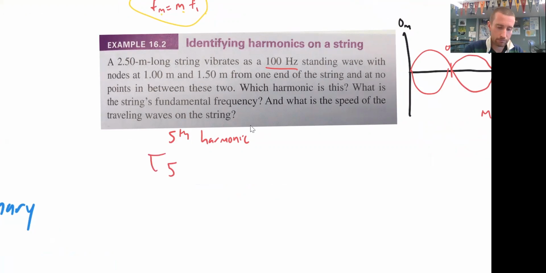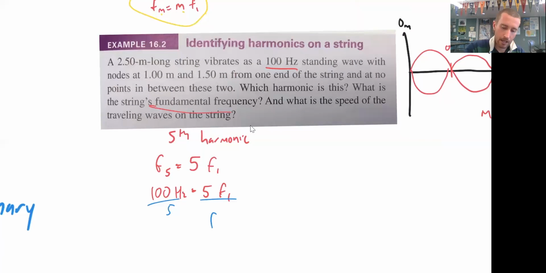So 100 hertz equals 5 times F1, and I want F1, the fundamental frequency. So divide both sides by 5, and that gives me F1 equals 20 hertz. So the fundamental frequency here is 20 hertz.